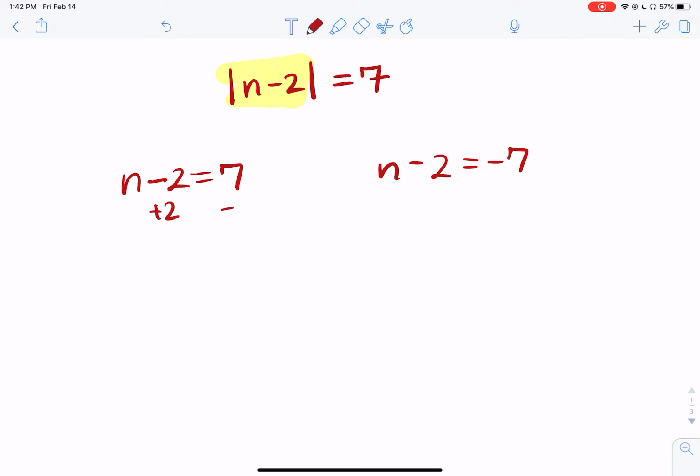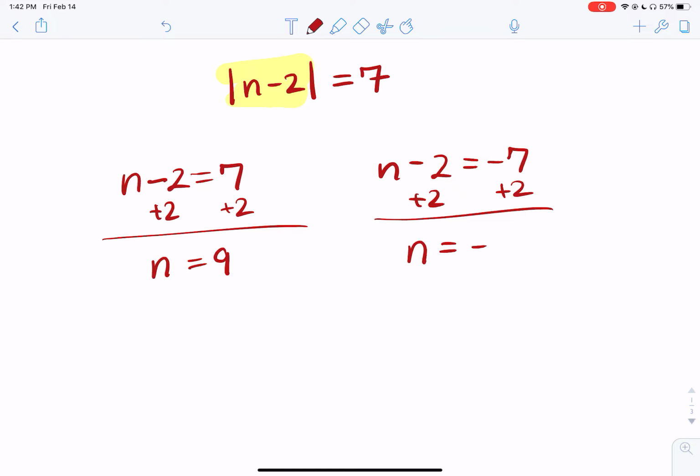So adding 2 to both sides, you're going to get that the value of n is going to equal 9, and adding 2 to both sides, you're going to get that the value of n is going to equal negative 5. So the solution to this absolute value equation is going to be 9 and negative 5. All right. So those two numbers are the possible values for n.